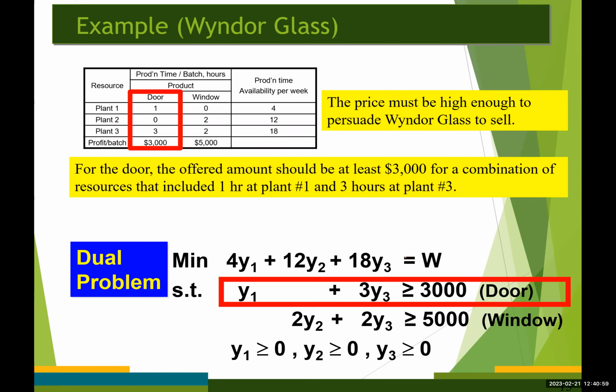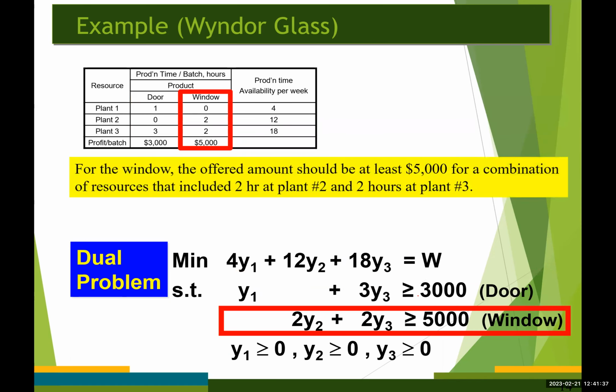And because you are offering Y1 plus 3 times Y3 for the resources used to produce a door, window must choose Y1 and Y3 to satisfy Y1 plus 3Y3 is greater than or equal to $3,000. So our first constraint can be built.